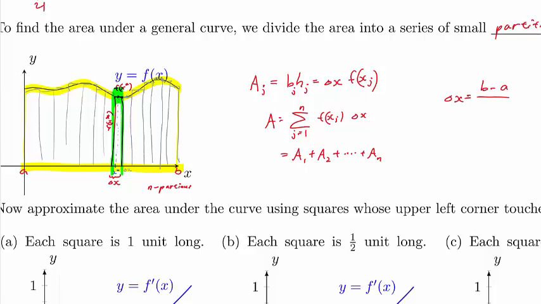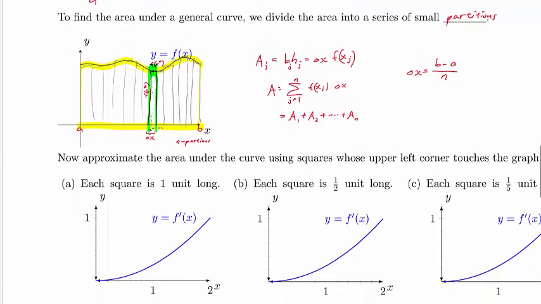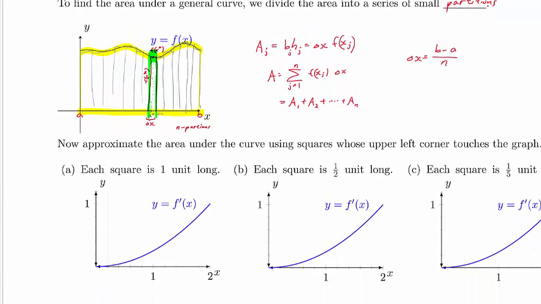And then we want to break this up into n partitions. You notice that the more partitions we have, the smaller this delta x. Alright, so that's the theory.